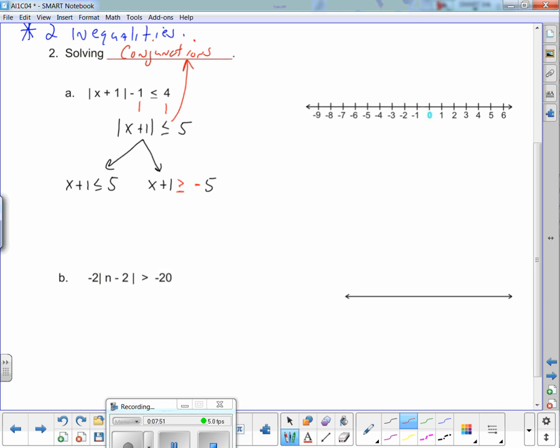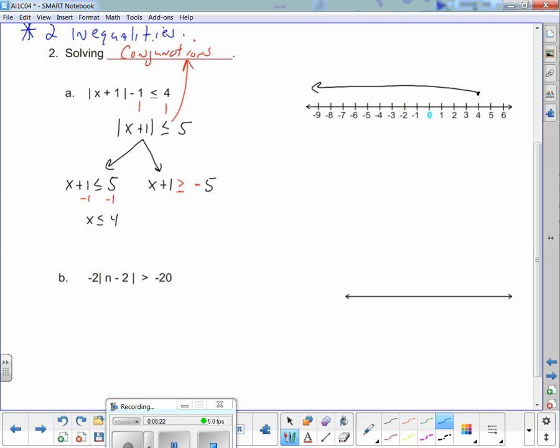So let's go through on the left. We'll add a negative 1 to both sides. And I get x less than or equal to 4. So I'm going to graph that, because it's a conjunction, and I want to be able to figure out the solution. Dot over the 4, arrow to the left. Do you concur?